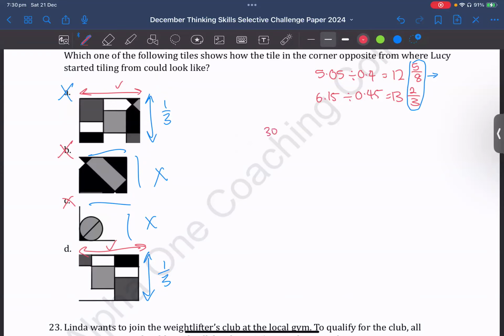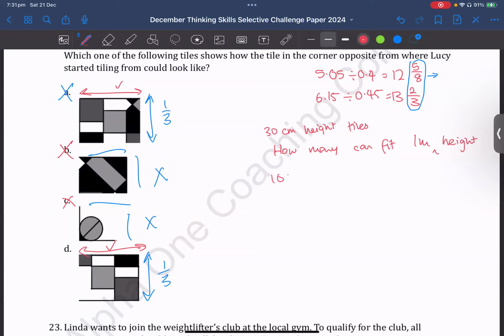So to give you a quick example of what I would assume a correct question to be like, for example, we have 30 centimeter height of tiles. How tall will the 1 meter wall height be? How many tiles can fit there?